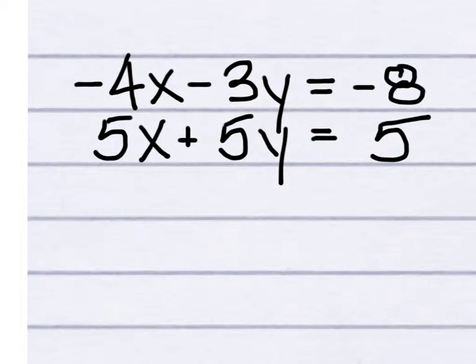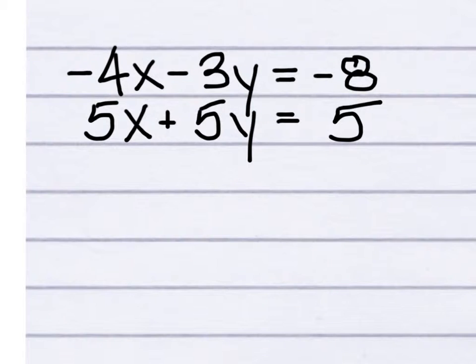What number could I make out here? How could I get opposites on these x terms? I have a -4 and a positive 5. What's the lowest number that both 4 and 5 will go into? 20. So what would I multiply a 4 by to get a 20? 5.